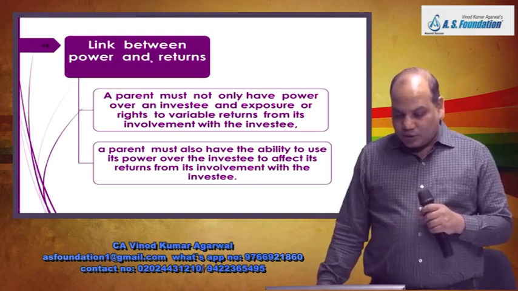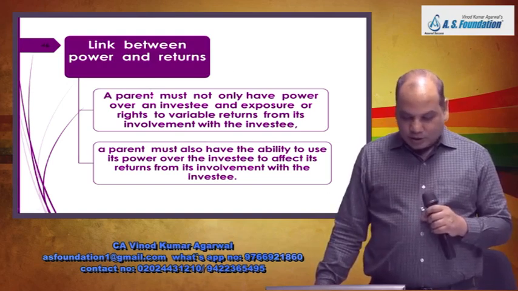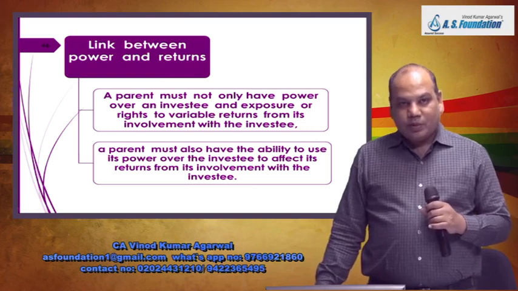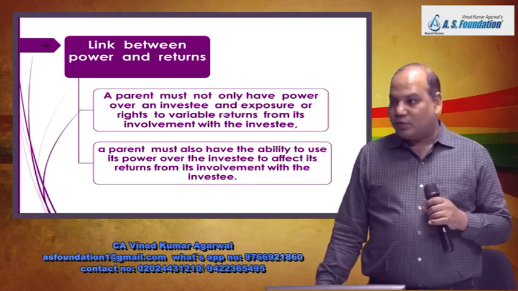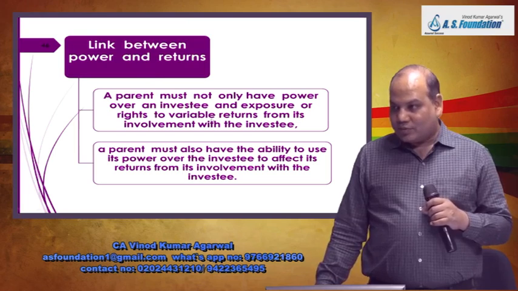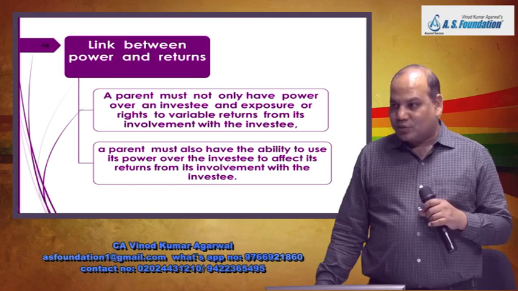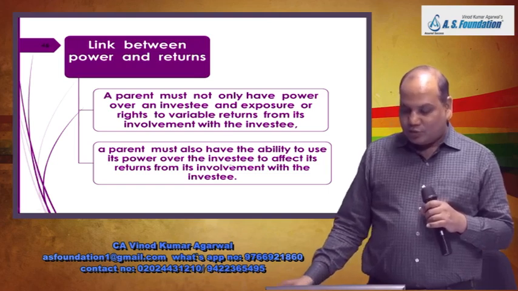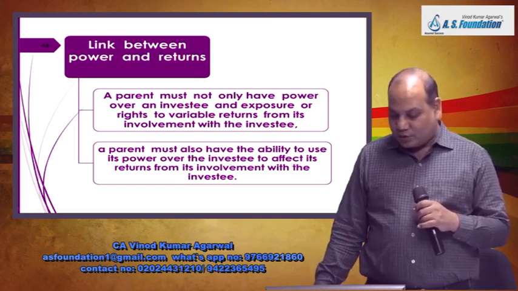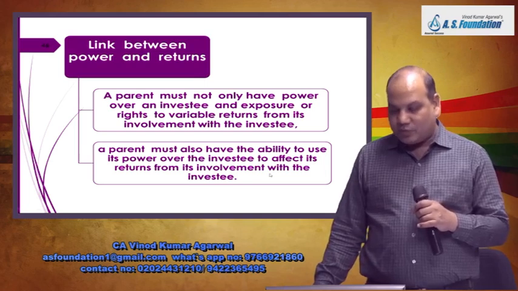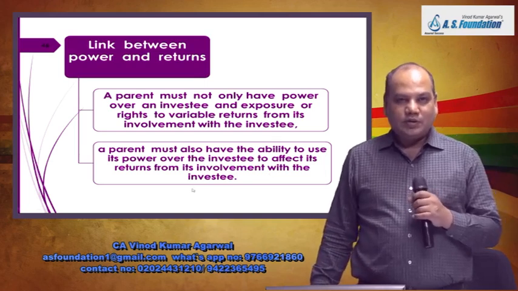So there must be a link between power and return. The parent should not only have power over the investee and be exposed to variable returns, the parent must also have the ability to use its power over the investee to affect its return from the involvement with the investee.